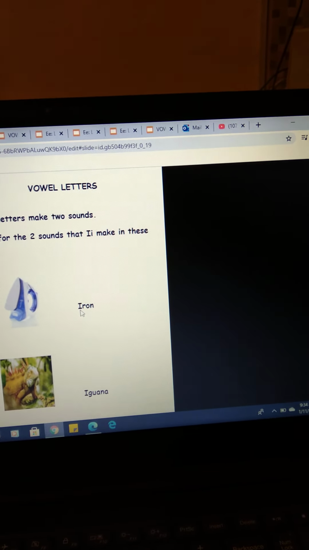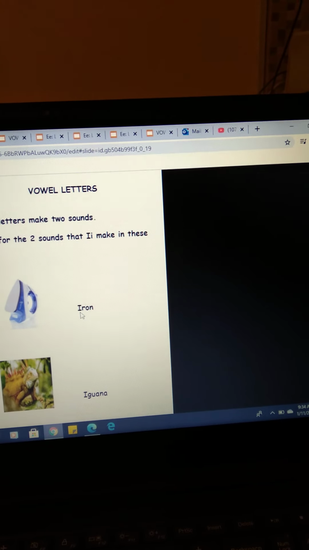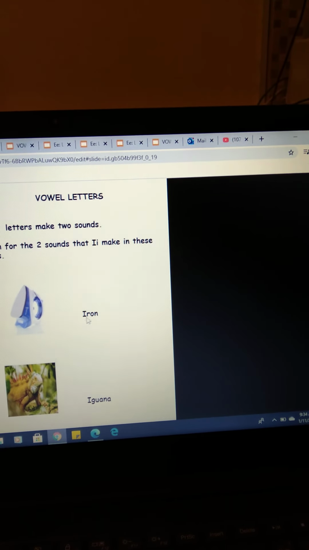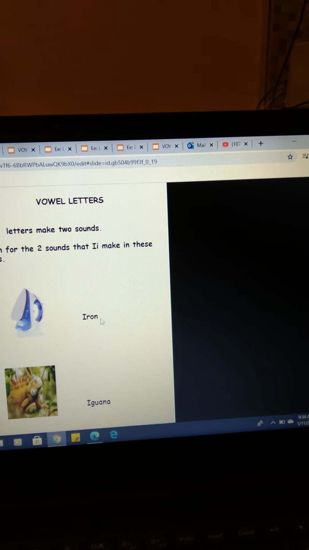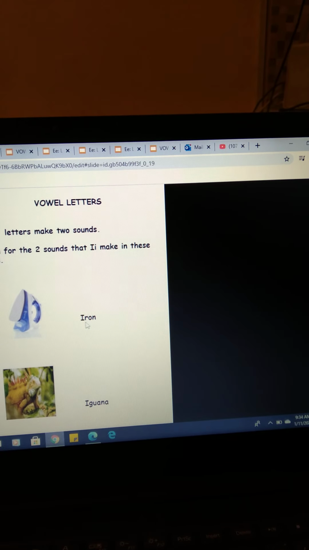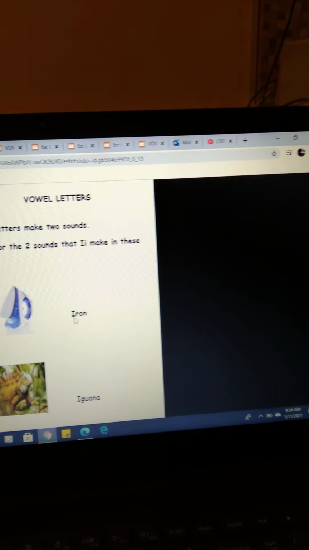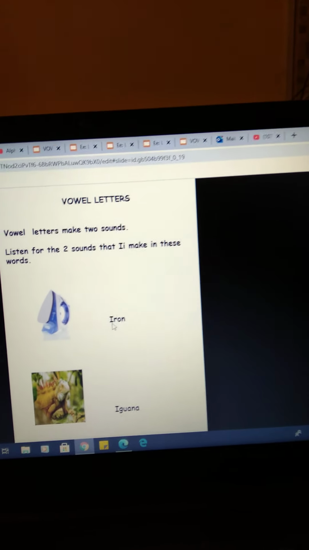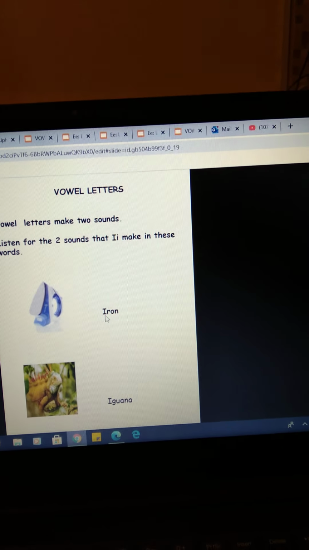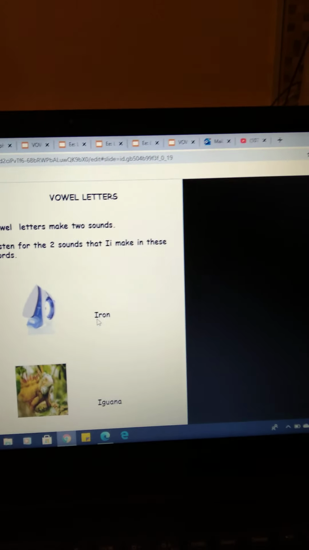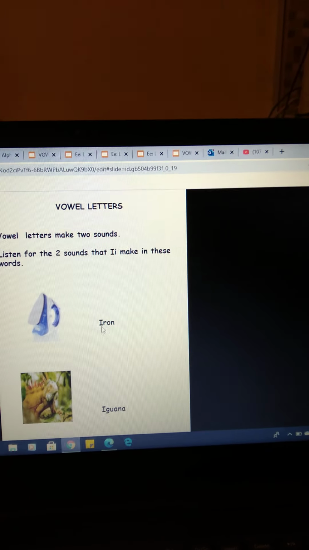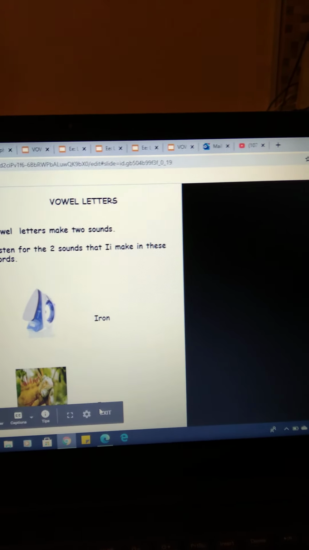Remember, when the arrow is under the letter, that's the letter speaking. Iron. What sound do you hear the letter I making in the word iron? Yes, if you listen carefully, you would hear I, right? And then we go down to this word.